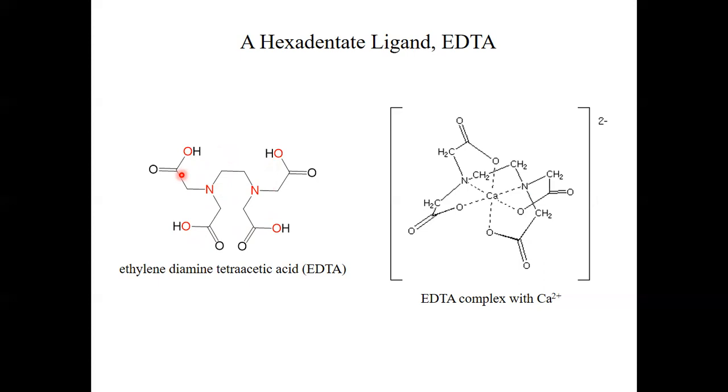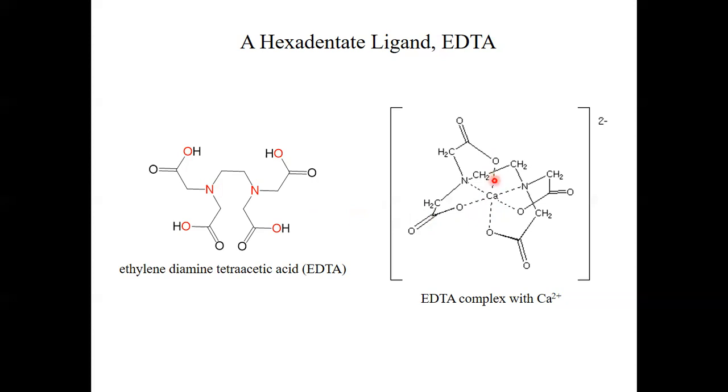So this hexadentate ligand can actually wrap around metal ions to form octahedral complexes, which are extremely stable. This is actually shown here for the example of calcium. So see how the calcium here is hexa-coordinated and surrounded by the ligand in an octahedral way.